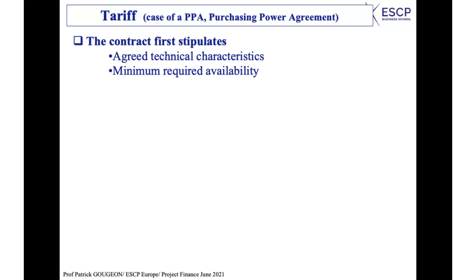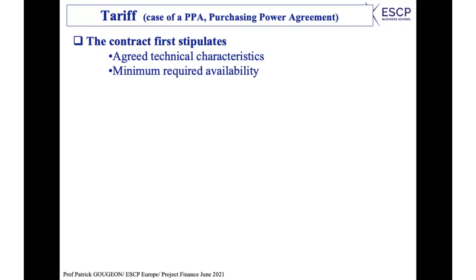If the project concerns a power plant, that's typically the case with the wind farm we have seen in Vietnam. Okay, there are agreed technical characteristics. This would apply more to, let's say, a gas power plant.